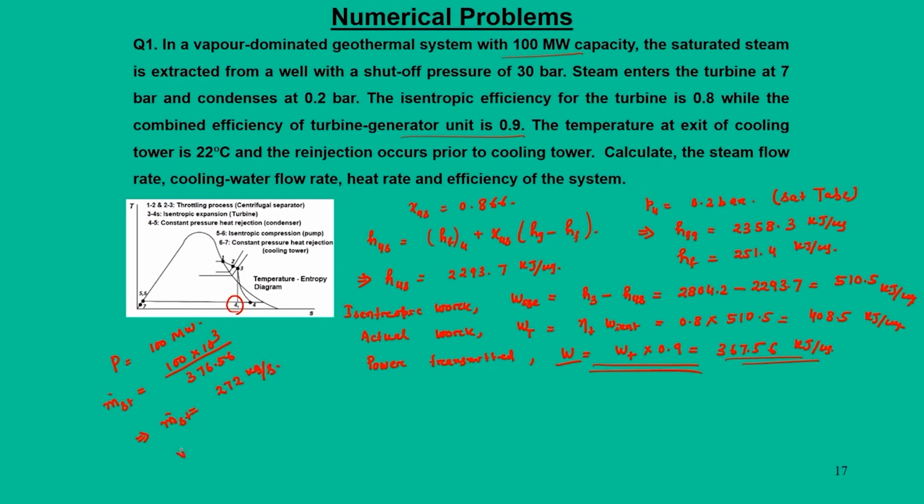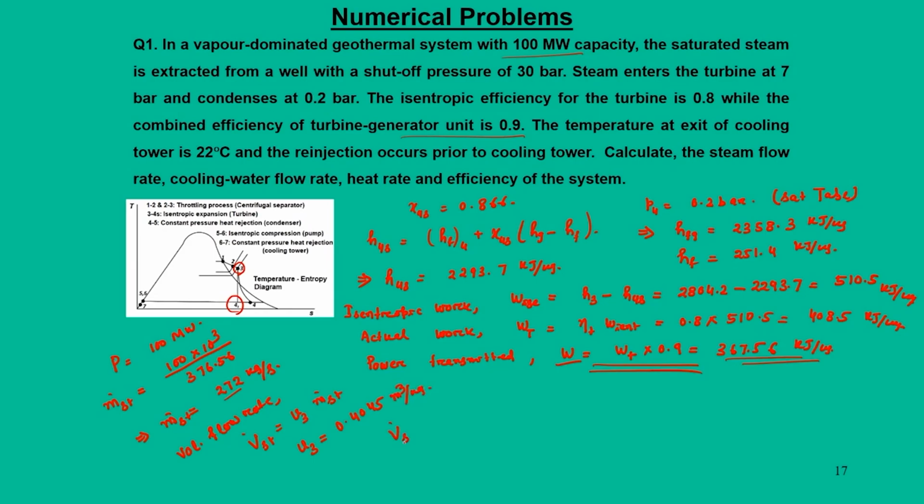What is the volume flow rate? The volume flow rate of the steam is equal to mass into specific volume, so v3 into m dot steam. v3 is calculated based on the state point 3, and that number is 4045 meter cube per kg.